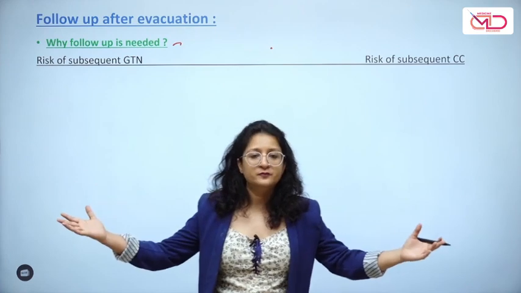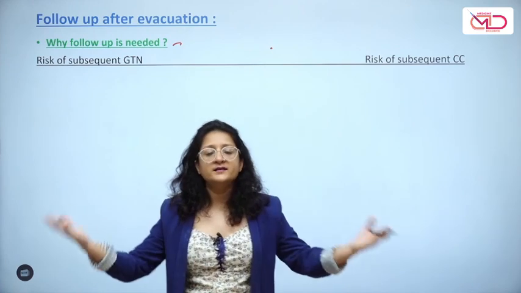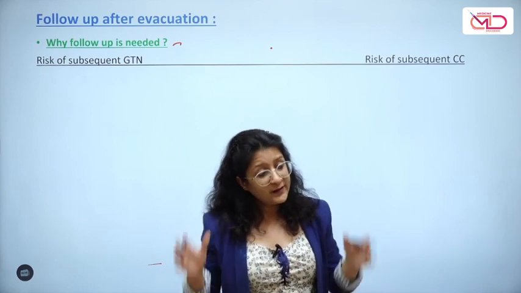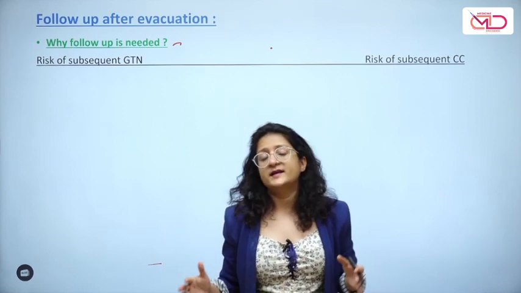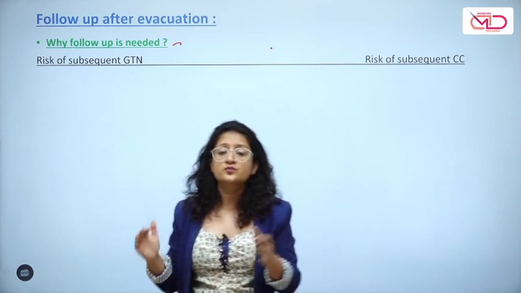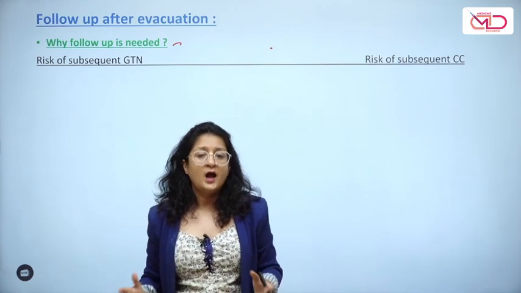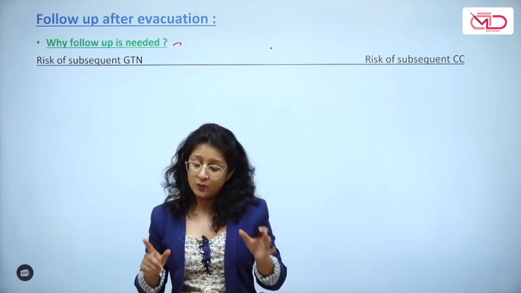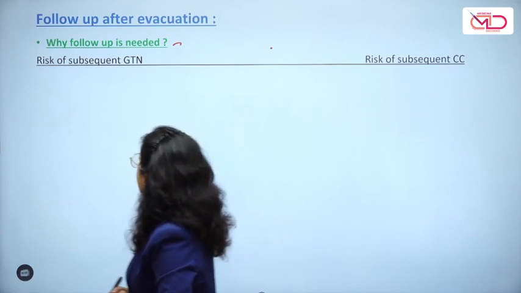There are so many pregnant women, so many events that happen in pregnancy. But after molar pregnancy evacuation, we need to follow, because most of the cases of GTN are seen after a molar pregnancy event. However, GTN can arise after any pregnancy event.